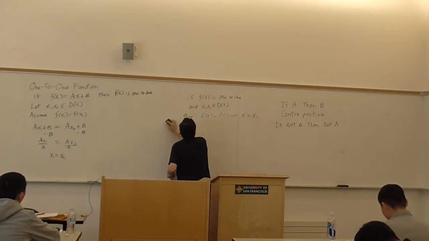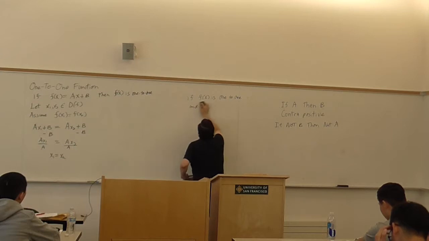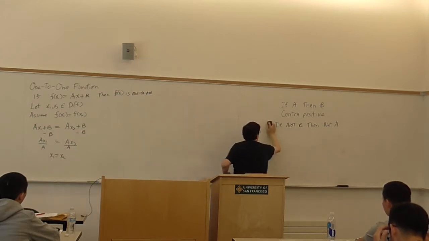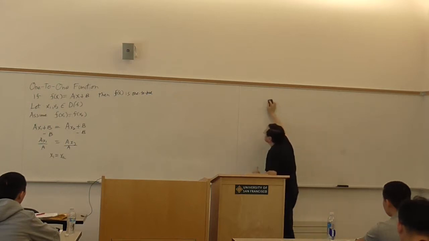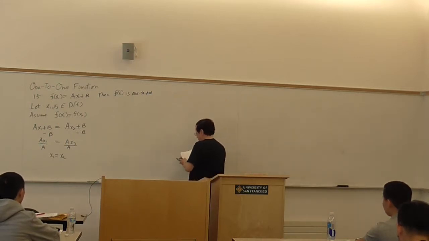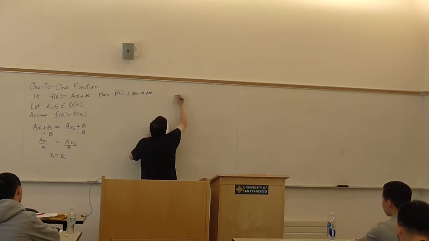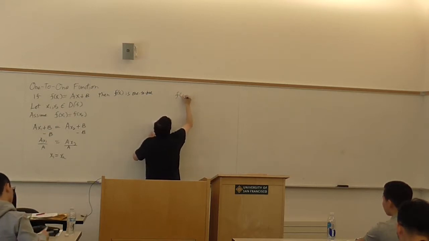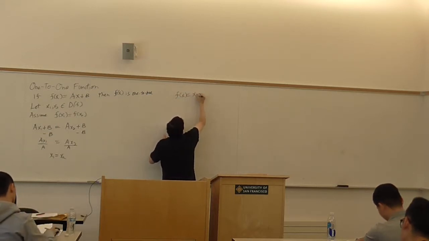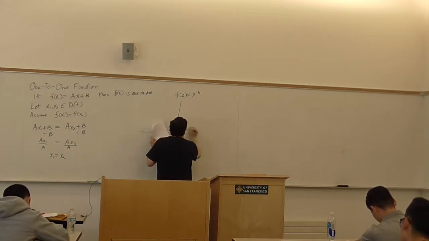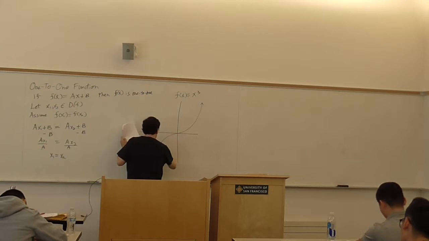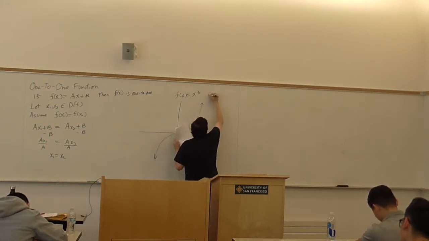I want to look at one-to-one functions from a visual point of view, a graphical point of view. So first, let me put up this function f of x equals x cubed. And let's take a look at that. This is a function that is one-to-one.